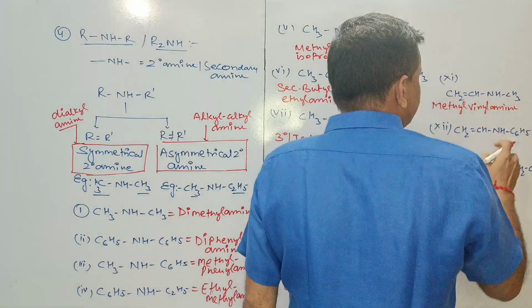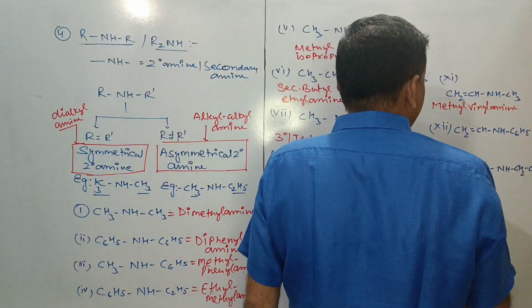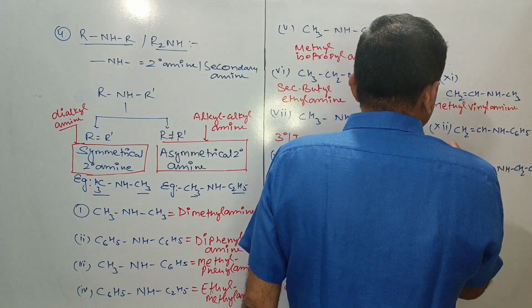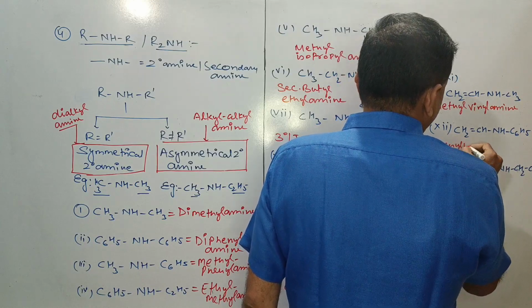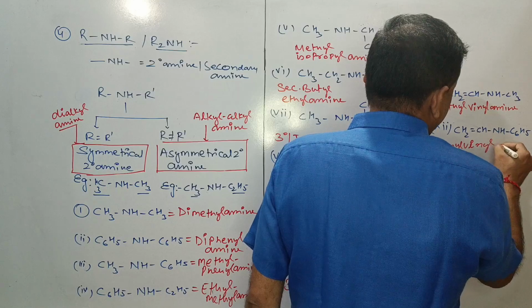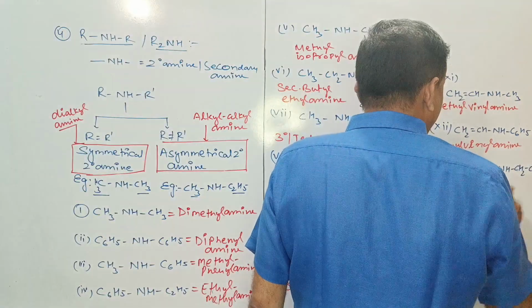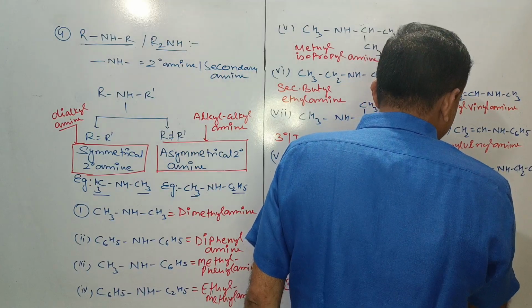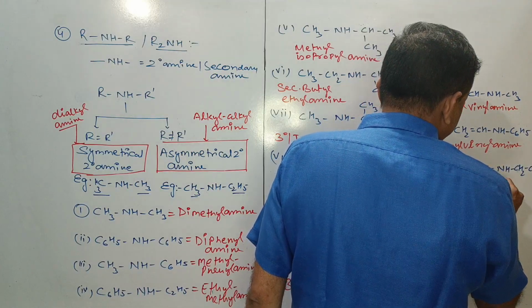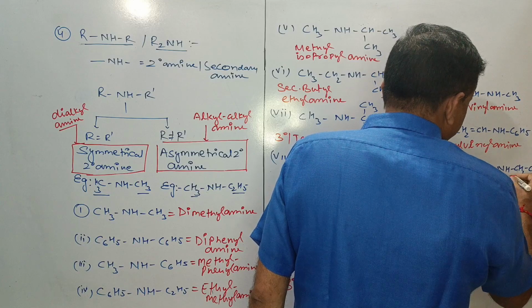If we'll go with this, then this is the vinyl and this is the phenyl, so phenyl is more prior, so phenyl vinyl amine. This is just vinyl, this is the allyl. So you will call it allyl vinyl amine.